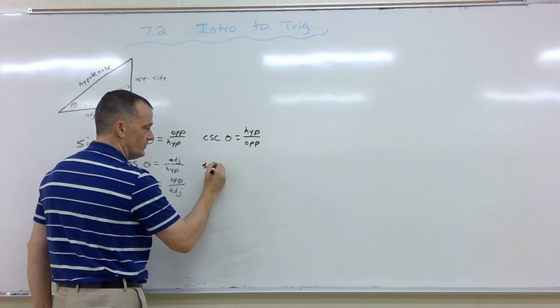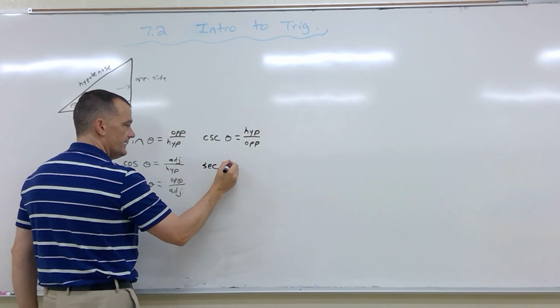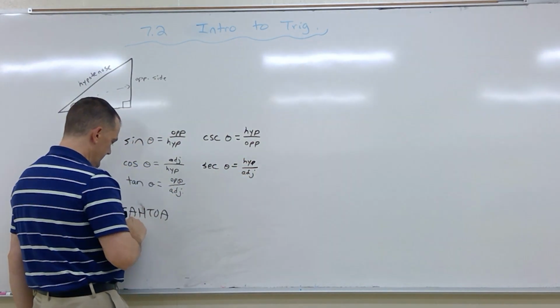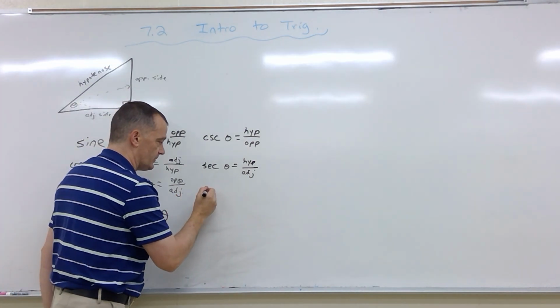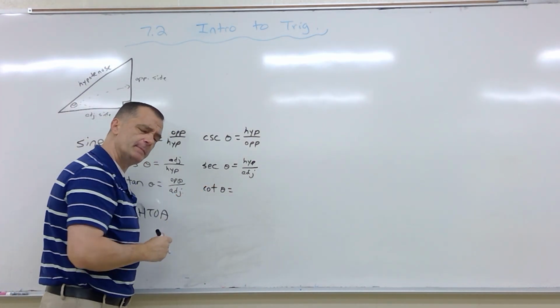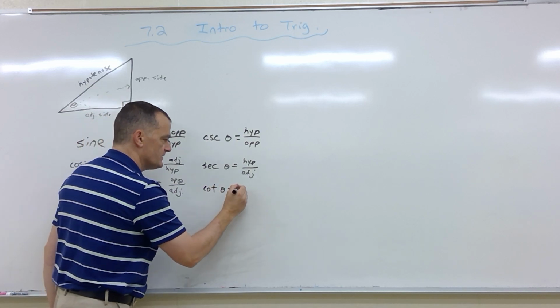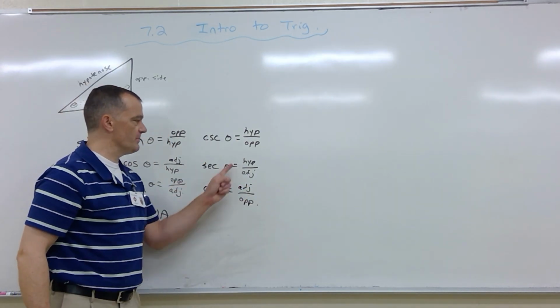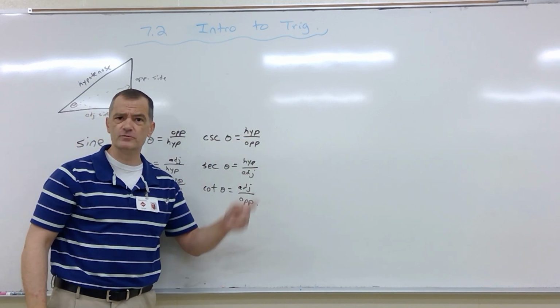Cosine has a reciprocal, which is called secant, and it is hypotenuse over adjacent. And then last but not least, tangent has a reciprocal called cotangent, which everybody seems to remember, which is adjacent over opposite.